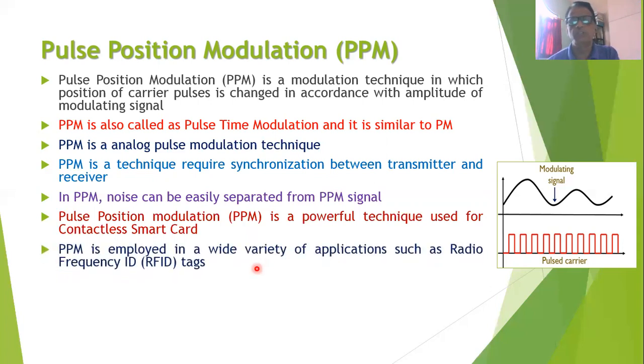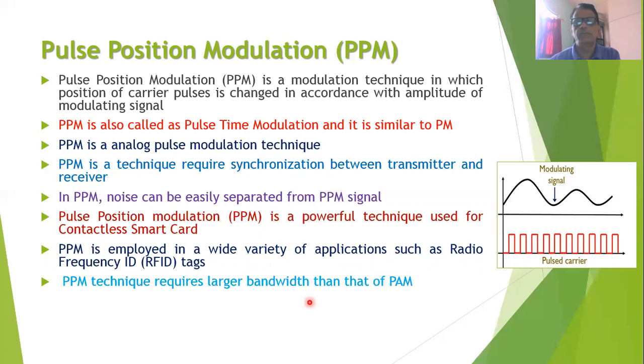Pulse position modulation is also used in a wide variety of applications, for example, radio frequency ID, called RFID. For RFID tags, this technology is used. This technology will also require larger bandwidth. So PWM and PPM techniques will require comparatively larger bandwidth than that of PAM.